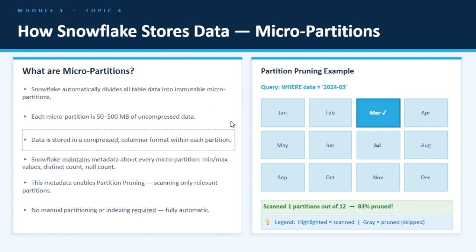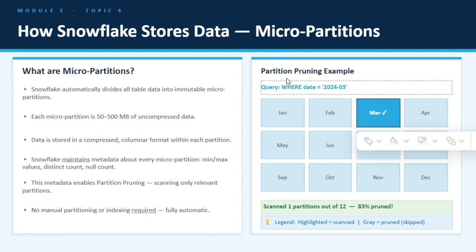Here are the 12 partitions, but because I'm using this WHERE condition, it checks only the partition which contains the third month, and only that data is returned. This is how micro-partitions prune the data.